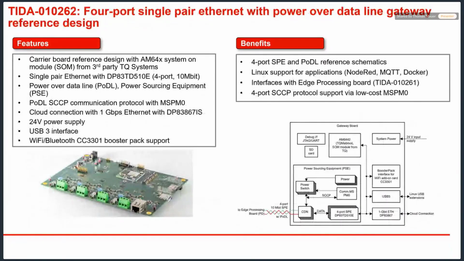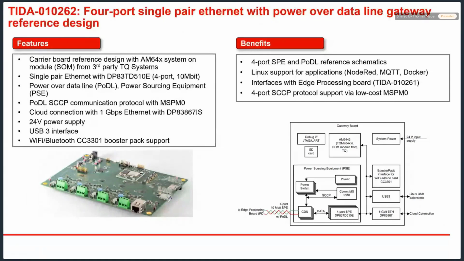So the next board I want to give you a closer introduction is the gateway board. This is now, in principle, it supports 4 times single pair Ethernet, and you see these connectors over here. And we have the option either to use this, let's say this green block to screw on the 2 wires, or we have alternatively here like a connector.